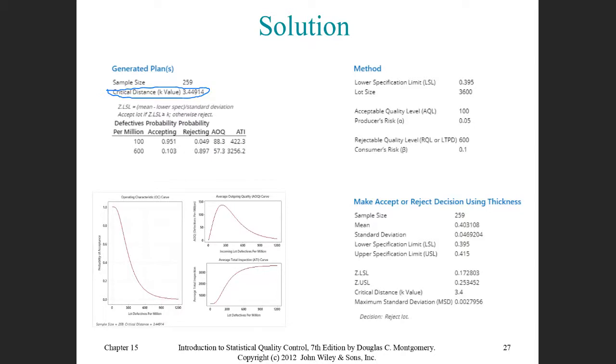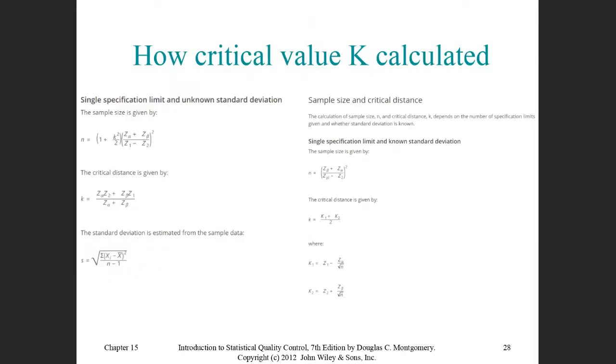The calculations for this K value are given here for your extra reading. You are not going to be requested to conduct this analysis because it is beyond your level, but Minitab does that for you, and I will show you how to do it in Minitab, and you can use this value to make the judgment about the sample size.